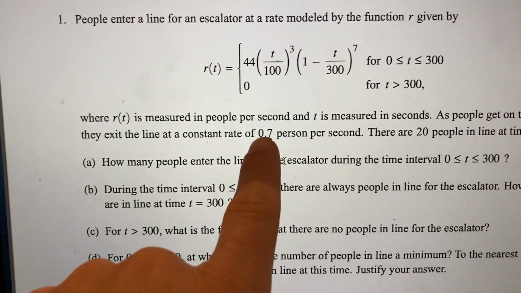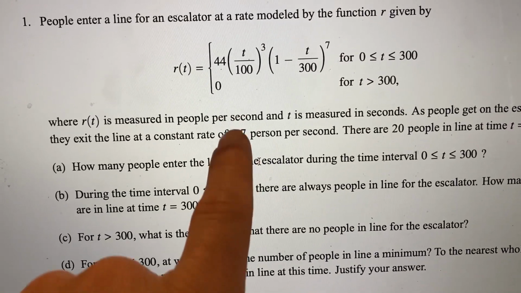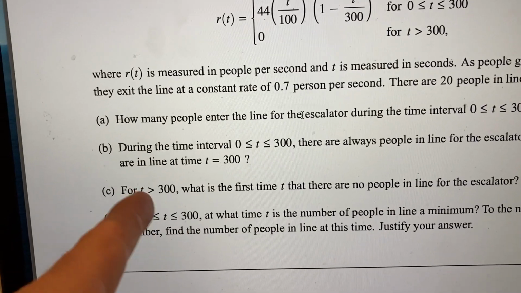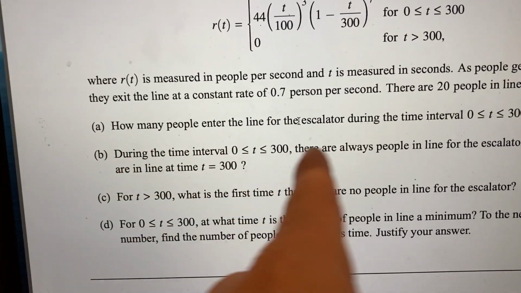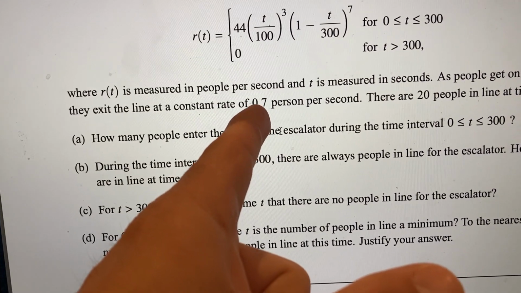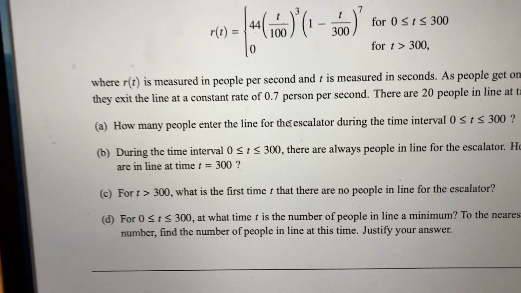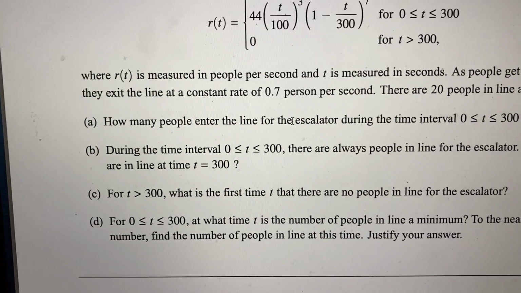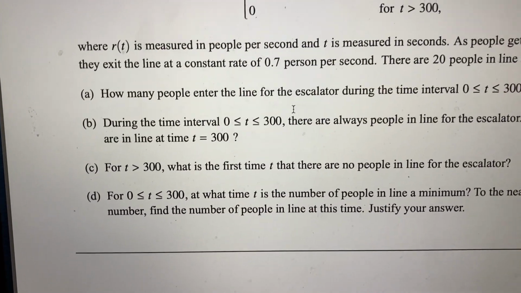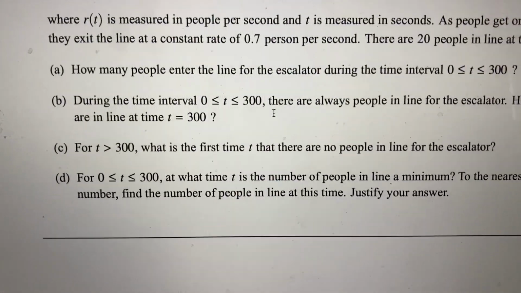They leave at 0.7 people per second. So whatever B's number is, they leave at 0.7 per second, and that gives us how many seconds. We add 300 to that, and that tells us at what time they were done.